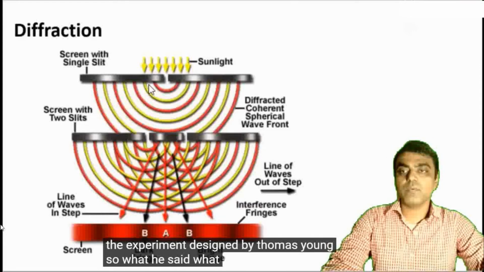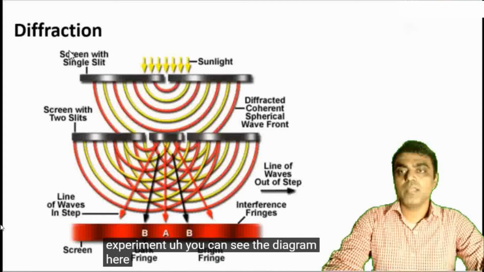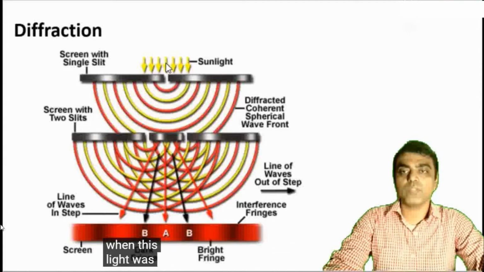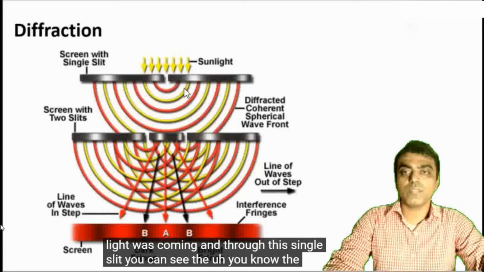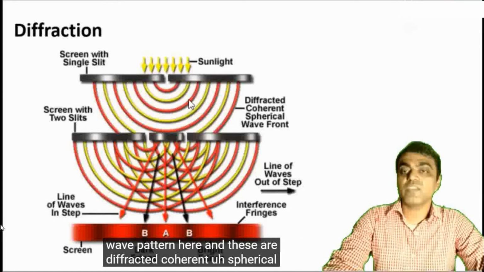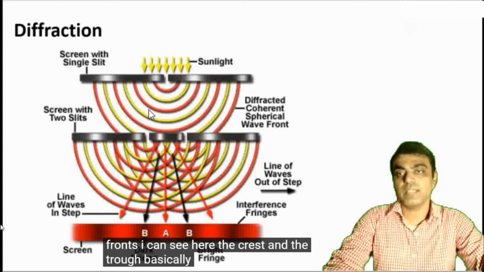You can see the diagram here. First there is a single slit where the light was coming, and through this single slit you can see the wave pattern, which are diffracted coherent spherical wave fronts. You can see the crest and the trough here.